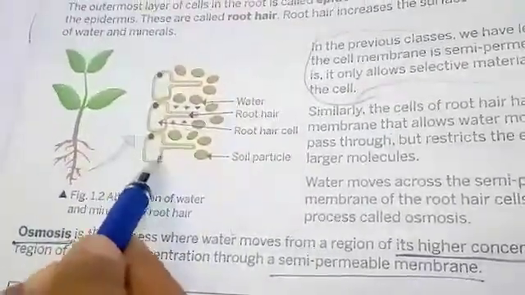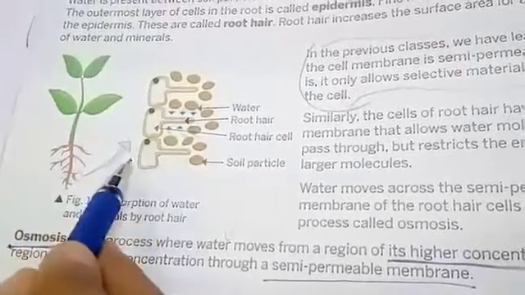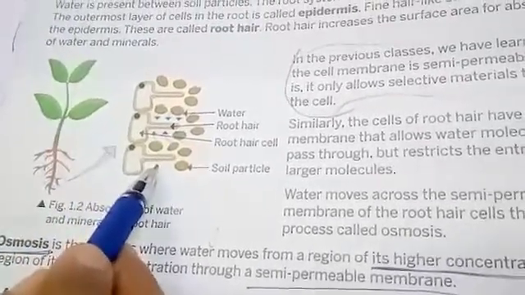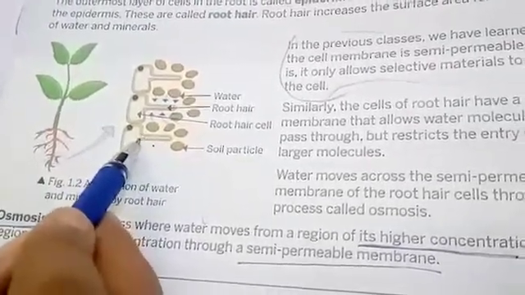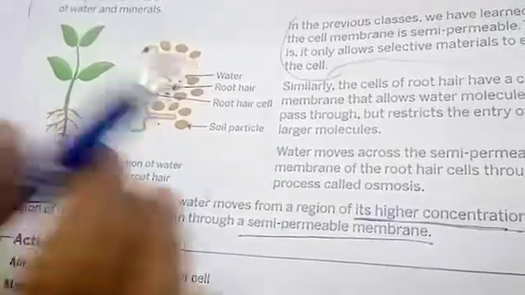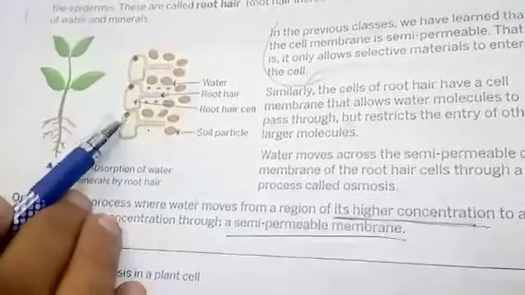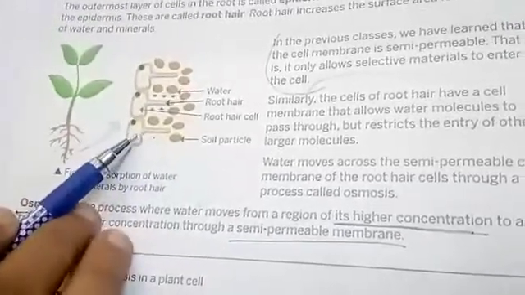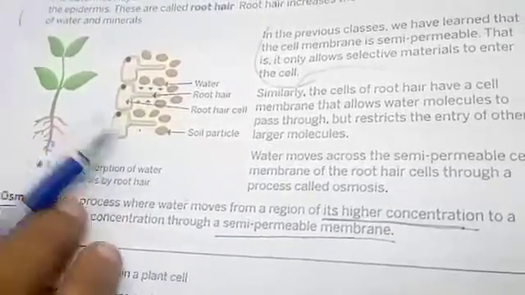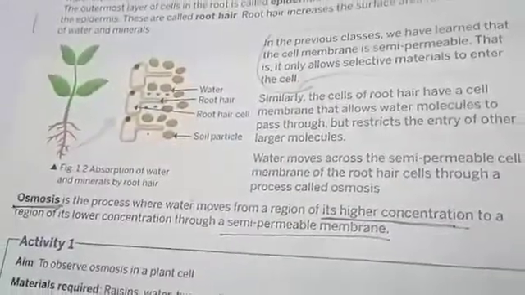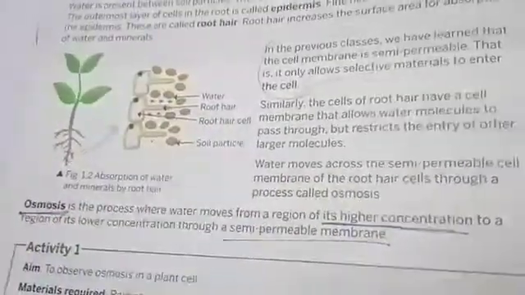It is present in this cell. Outside is the cell wall, and inner to the cell wall is the semi-permeable membrane. Yes, so now we have understood that from the root hair cells the water is absorbed into the sap, and later on we will read how it is actually conducted.